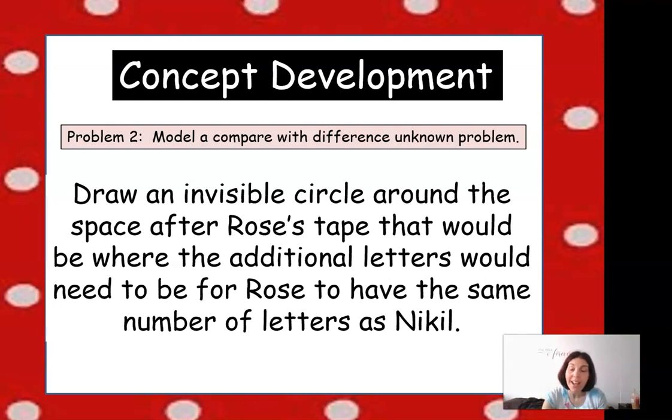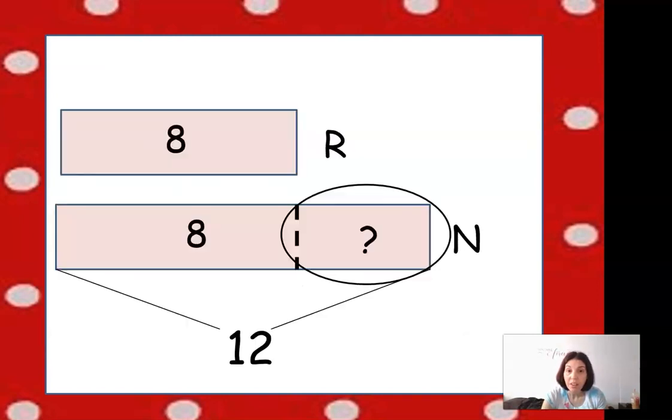If Rosie wanted to have the same number of letters as Nicole, let's draw a circle around the space. Right here is where those letters would be. So if she wrote more letters, we would add them here. She would have to write the same amount. So we said 4 was here.